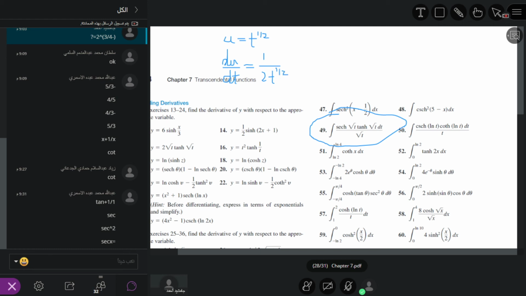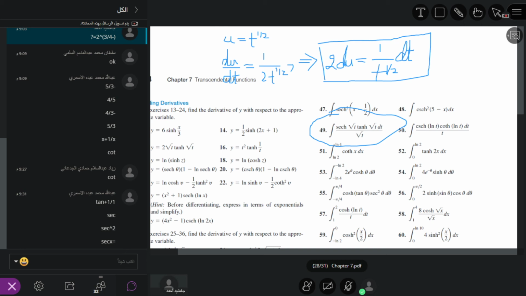So du over dt equals 1 divided by 2 t power 1 by 2, and from here 2 du equals 1 over t power 1 by 2 dt.